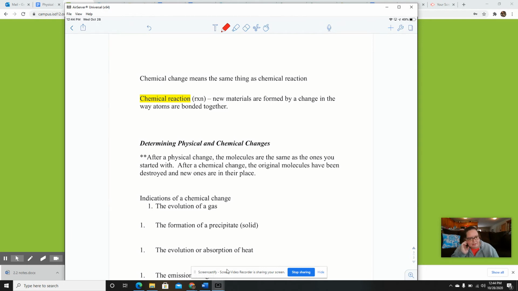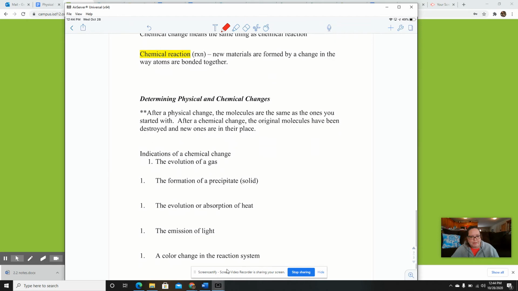Chemists get a little sloppy with writing reaction, because it's a long term, so we like to make it faster and shorthanded it to RXN. So a chemical reaction is when new materials are formed by the change in the way the atoms are bonded together.